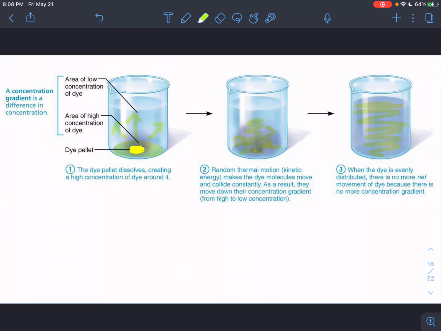Okay, and that's diffusion. And that's what's going to happen in any sort of passive transport mechanism in our cells. Okay, we're just using diffusion to move substances in or out of the cells down their concentration gradient.